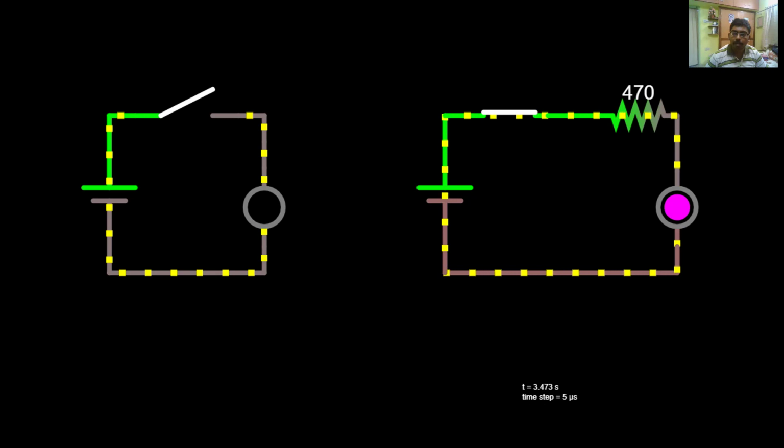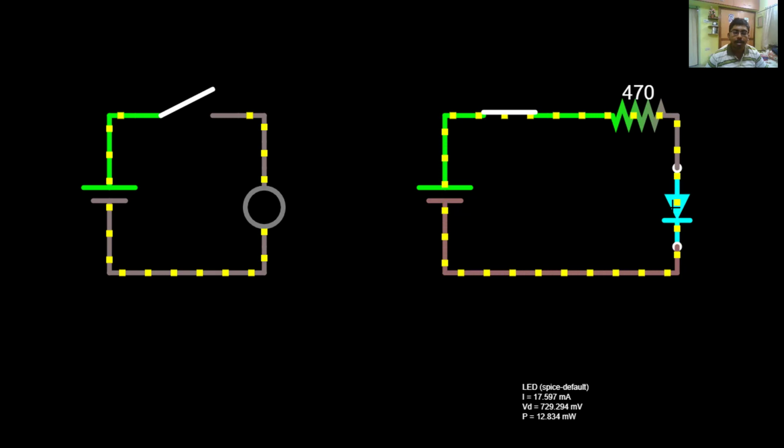Now you can see the LED starts glowing and the current flow is very small. The current of the LED is only 17.597 milliamps.